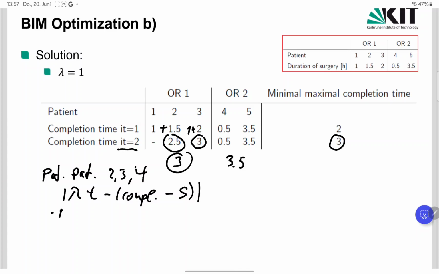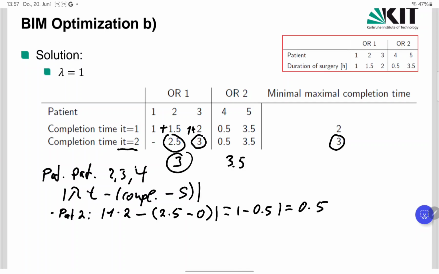So if we choose patient or surgery 2, then we have lambda of 1 hour, we have the second iteration, minus the completion time, which would be 2.5, minus capital S, which is 0 all the time, and then we end up with minus 0.5, and because we have absolute values, we have a deviation of half.